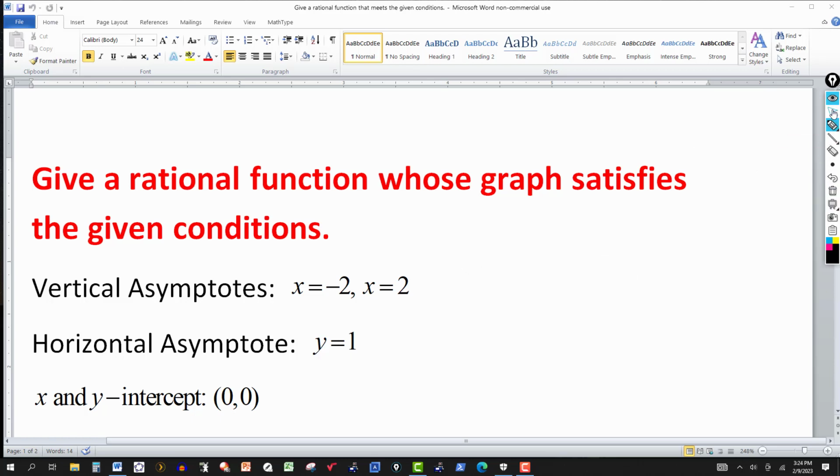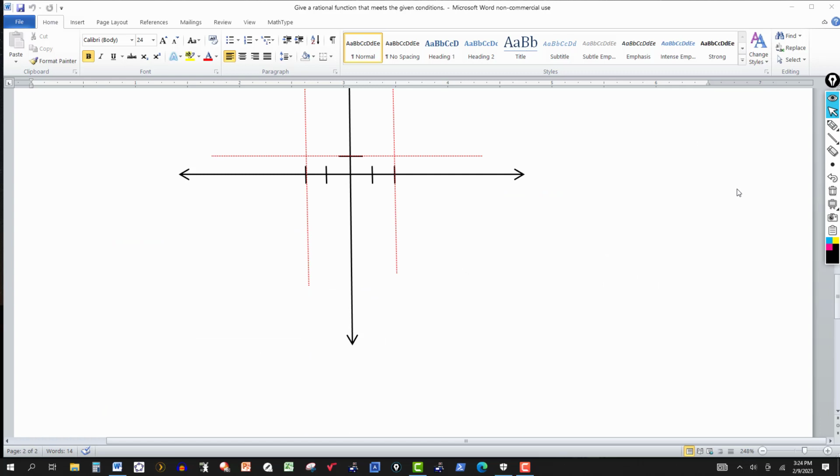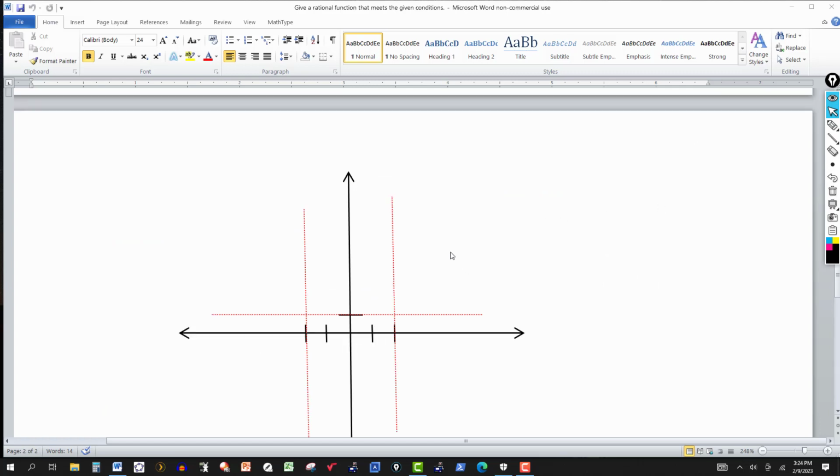I've got this right here. So the information we have, this is one vertical asymptote, x equal 2, and then x equal -2 over here.